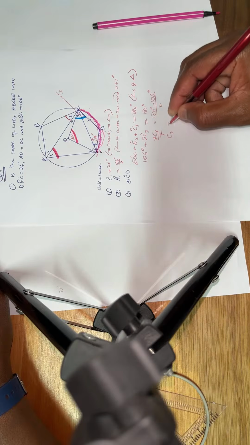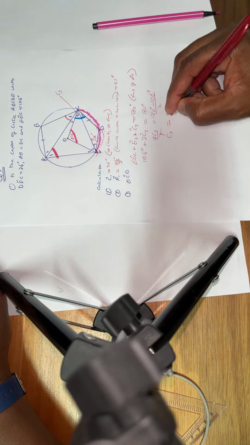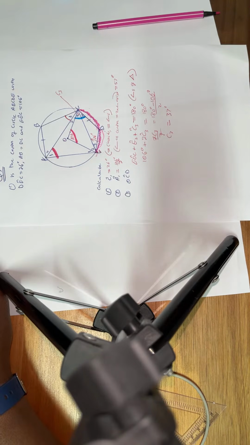So C3 is equal to, calculate 180 minus 106, you get 74, divided by 2, you get 37. So C3 is equal to 37 degrees.